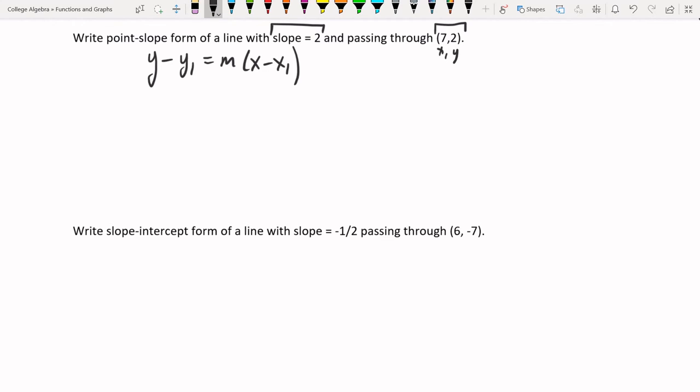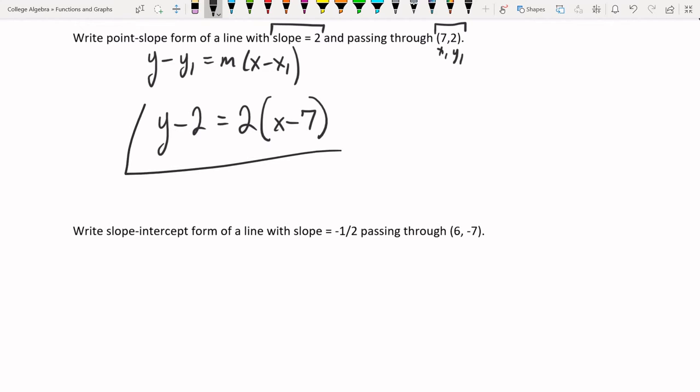So this is x1, y1. We have y minus 2 equals 2, which is m, times x minus 7. That's the point slope form of the line. Really, there's no point in using the point slope form unless you get into the slope intercept form. The slope intercept form is the most useful form of a line. It's the most interesting information right off the bat.